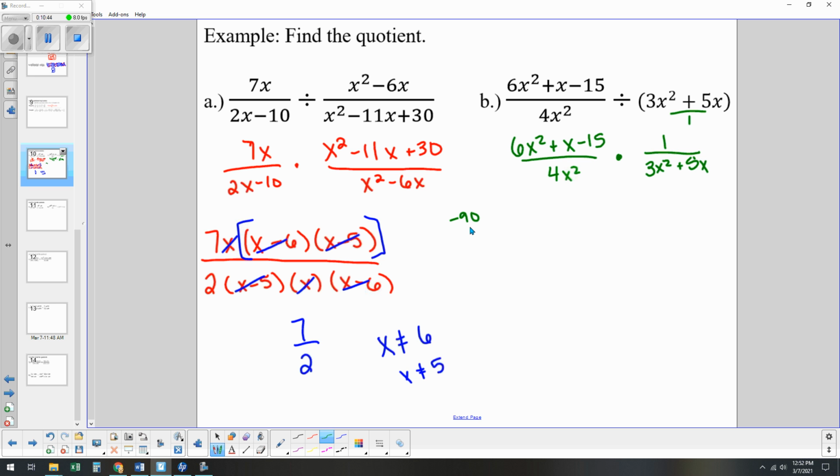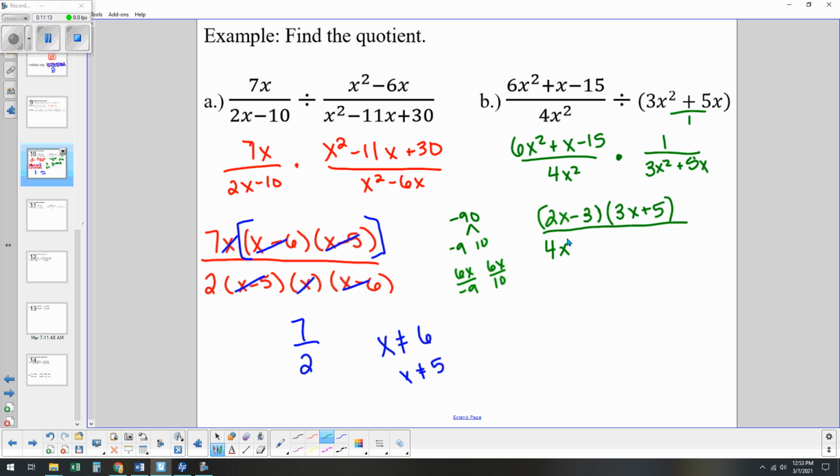You want to add to a positive 1, so that's negative 9 and 10. 6x over negative 9 and 6x over 10. Both of those reduce. So that's going to become 3x minus 2 times 3x plus 5. Oh, something happened. 2x minus 3. Wow, what happened there? And 3x plus 5, and then times 1, so I don't have to write anything else there.